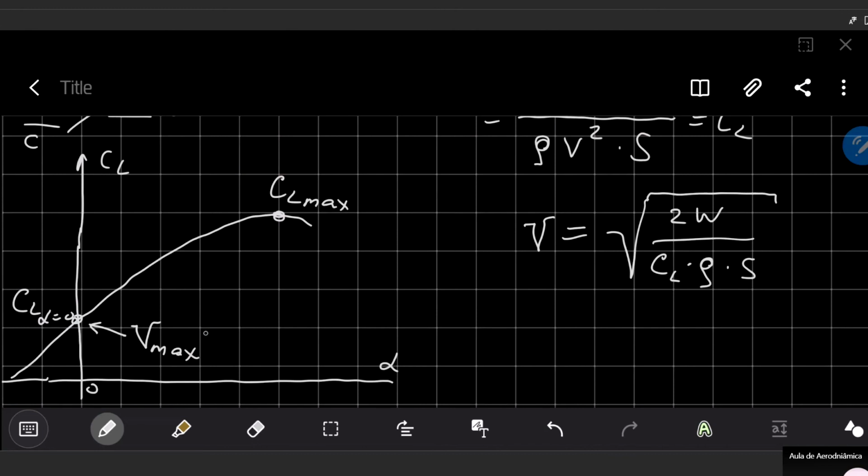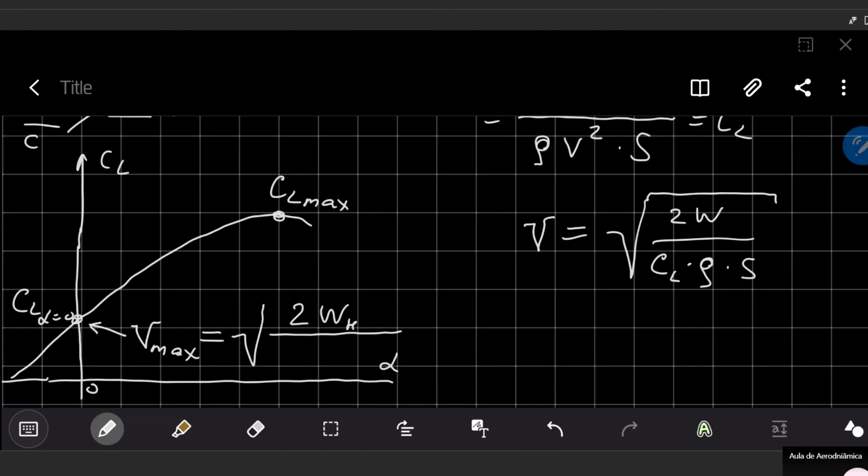And this maximum velocity would be calculated as the square root of 2 times weight. Again, this weight is at high altitude, at some altitude. So it's not the initial weight of the airplane. We already lost some amount of fuel to get to high altitude.